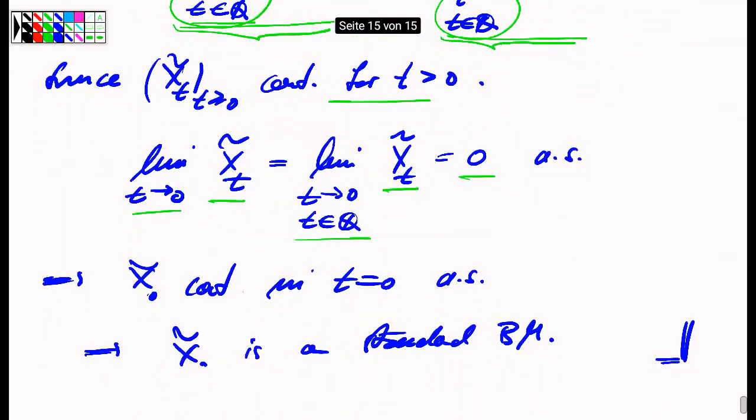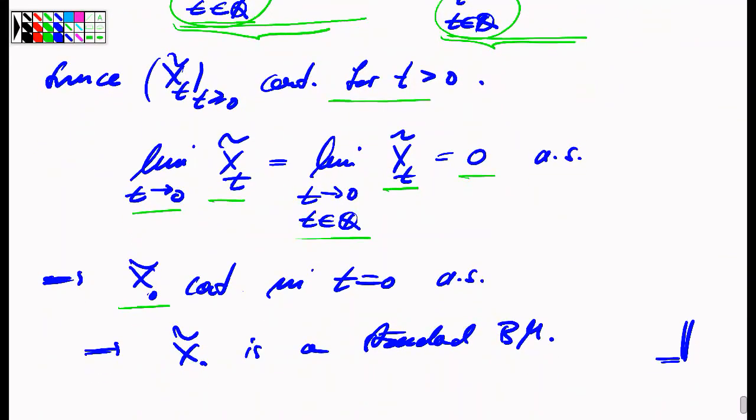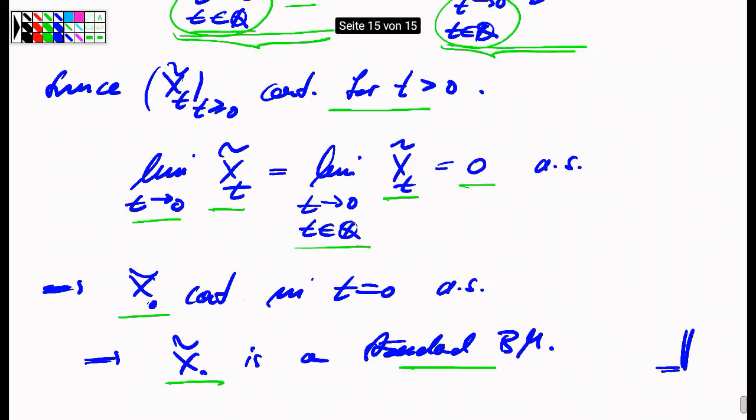So hence we find that this x tilde process is in fact continuous, also at t equals 0, and therefore continuity is established, which finally allows us to conclude that this x tilde process is, in fact, again a standard Brownian motion.